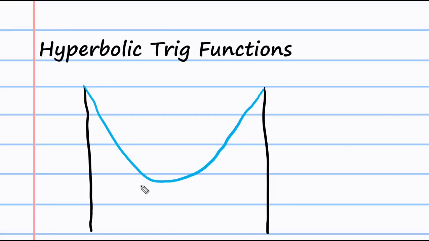Galileo thought that this was a parabola, but actually we later discovered that this is the hyperbolic trig function cosh x. So this is just one of many scenarios where we end up using hyperbolic trig functions to describe the real world.